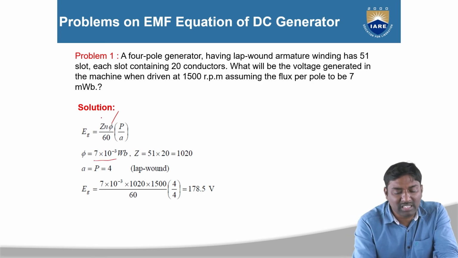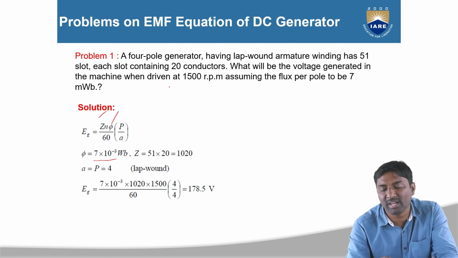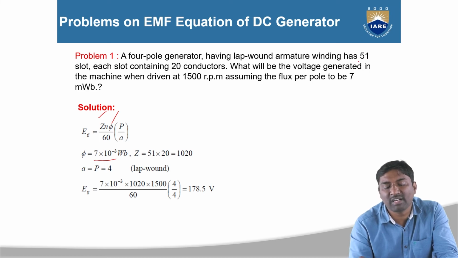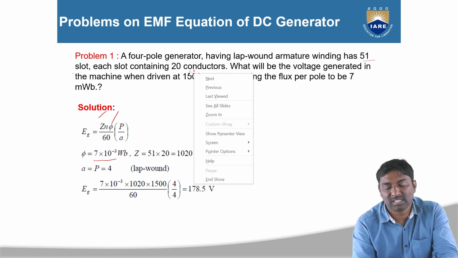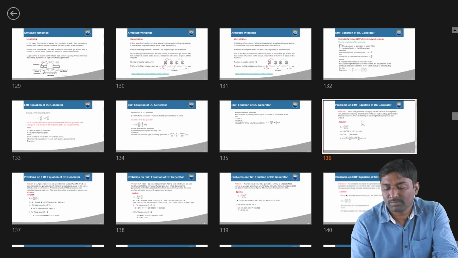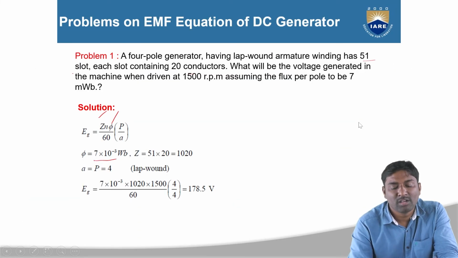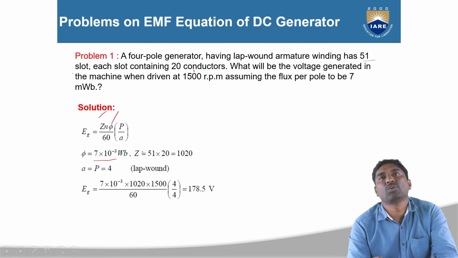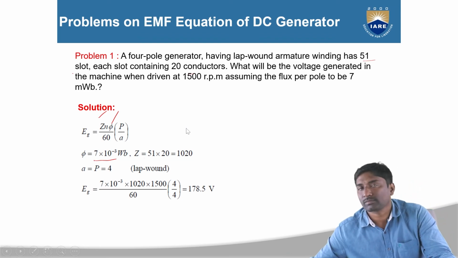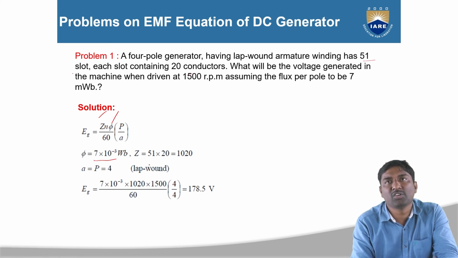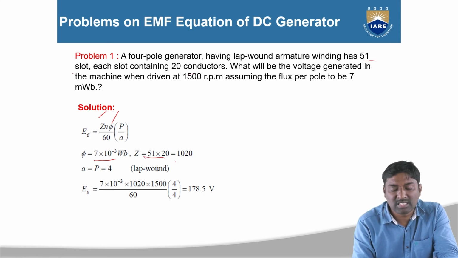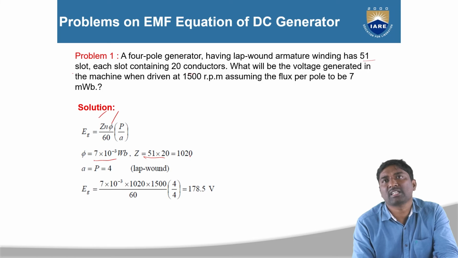The number of conductors: the lap wound armature winding has 51 slots, each slot containing 20 conductors, that is 51 into 20, which is 1020 conductors.